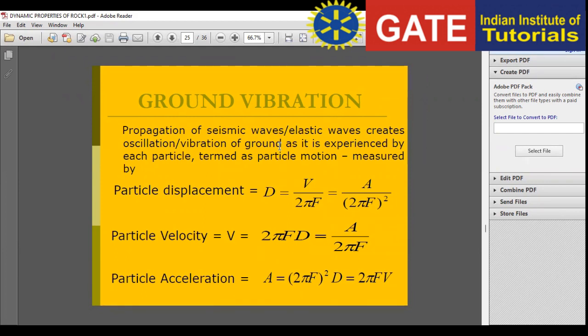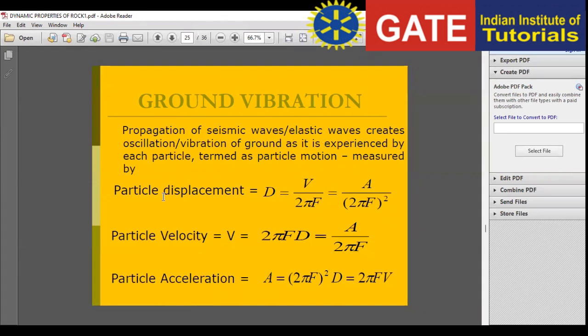So there will be displacement, particle velocity, or acceleration as experienced by each particle, termed the particle motion. Particle displacement will be velocity divided by 2 pi frequency. It is like omega in rotational dynamics, where circumferential velocity is angular velocity multiplied by the radius.